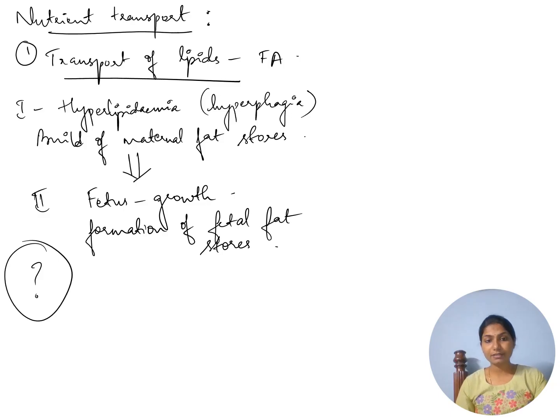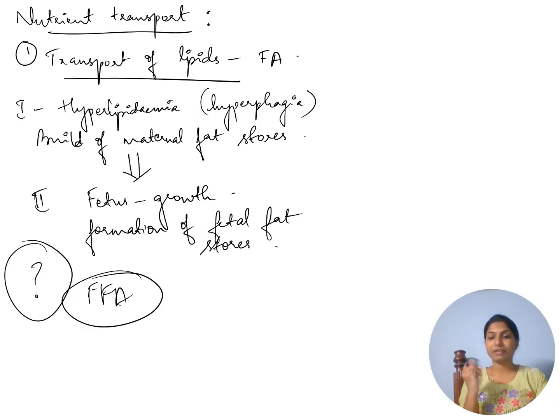Firstly, we have to understand that only free fatty acids are available for transport, because only free fatty acids can cross the placenta. If the fats are esterified in the form of triglycerides or phospholipids, they cannot cross the placenta.